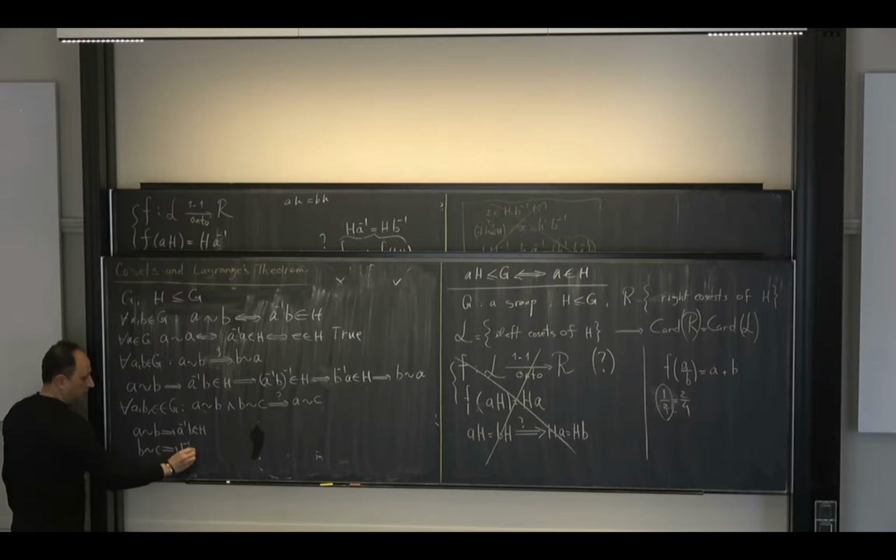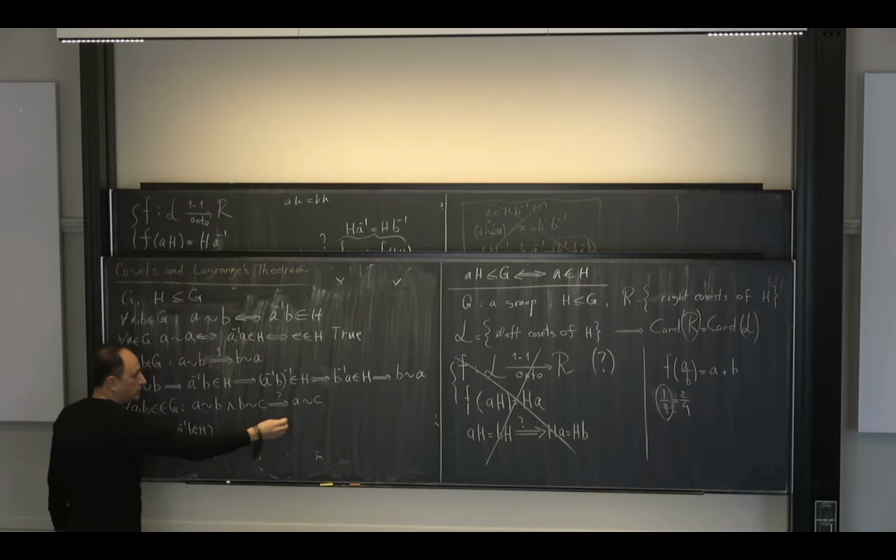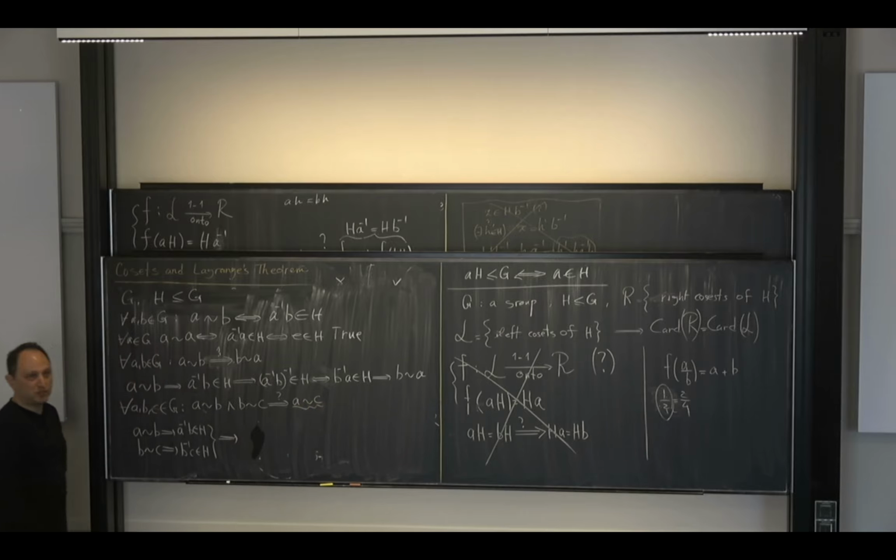B inverse C is in H. What do you think I will do? In what I want to show, I want to get rid of B. So I have to do something legal so that B is cancelled. So what should I do? I should multiply them, yes?